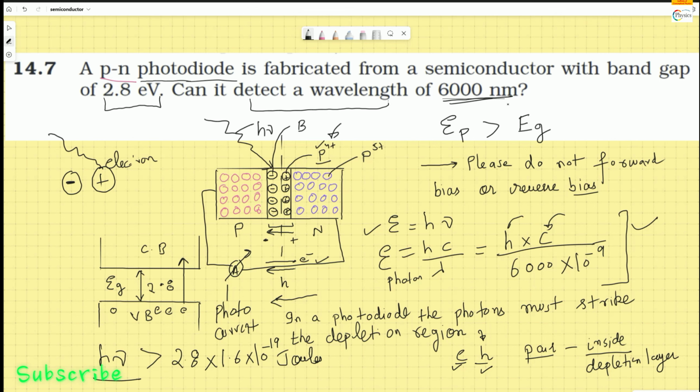So what you are left with is, let's calculate the value of hc by 6000. Let us see how many joules of energy this is. If this energy turns out to be bigger than the band gap, you will see a photocurrent flowing in the external circuit where you see this ammeter. It will show you some fluctuation.